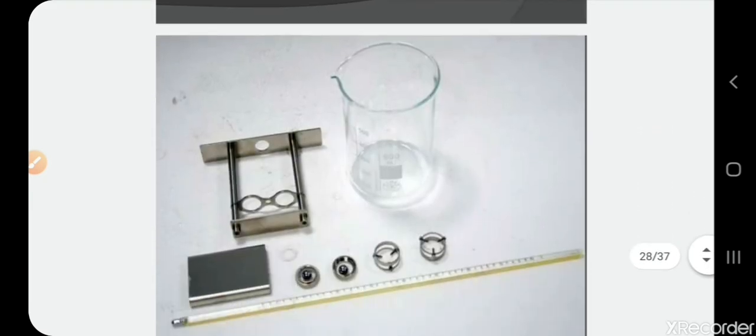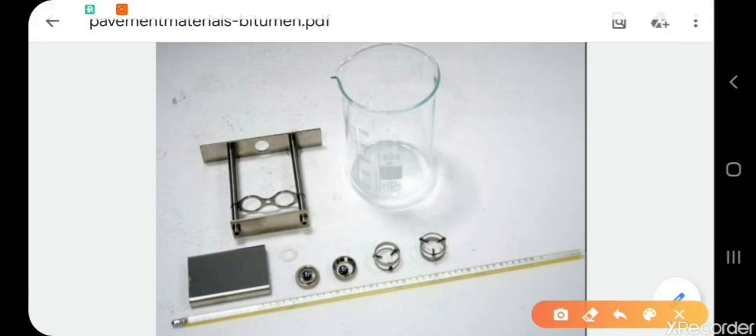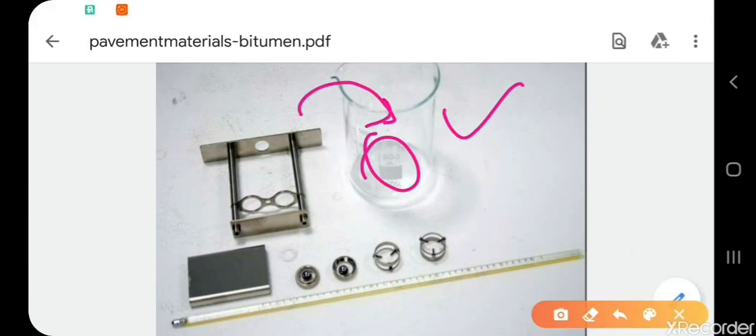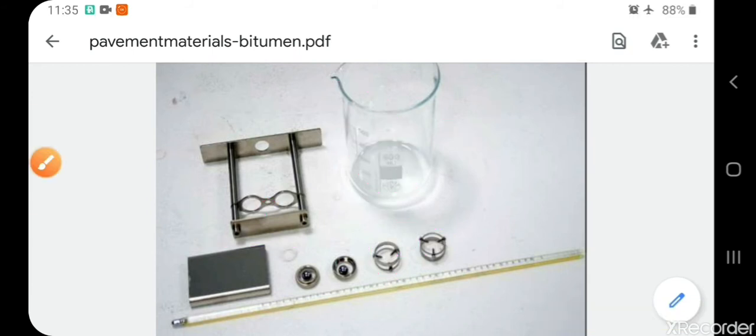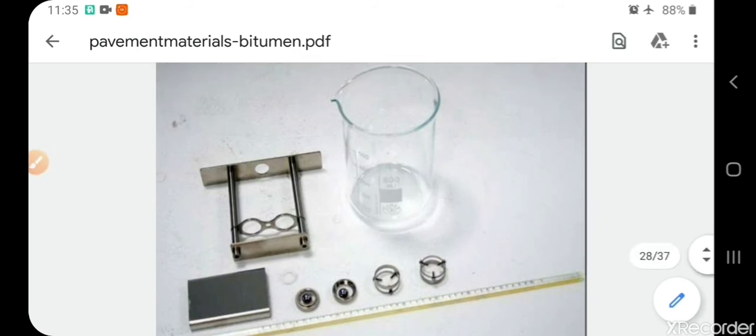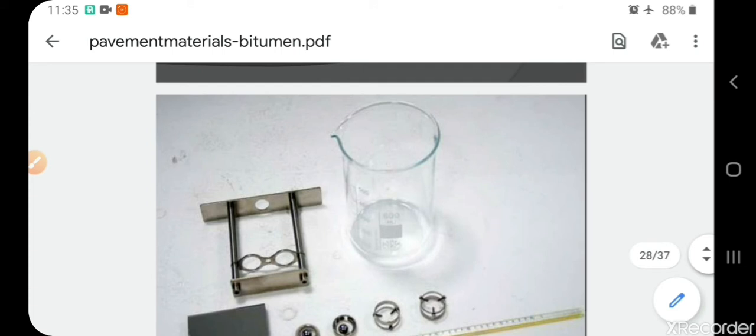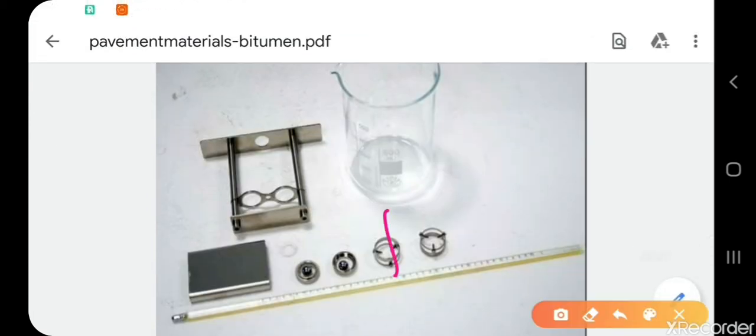For this test we use a beaker that is completely filled with water. In this instrument setup, we can see the rings placed here, and over them two spherical balls are placed. When the beaker is completely filled with water, we increase the temperature.